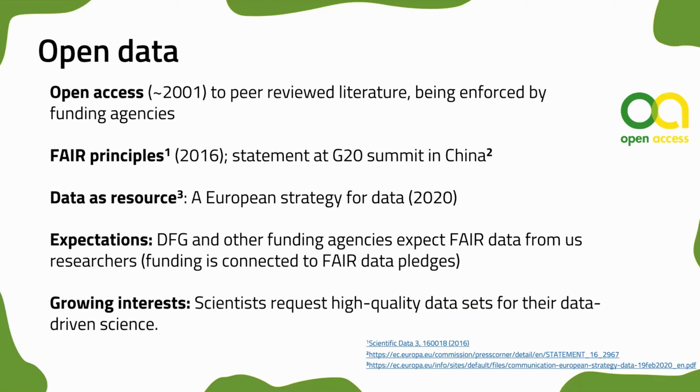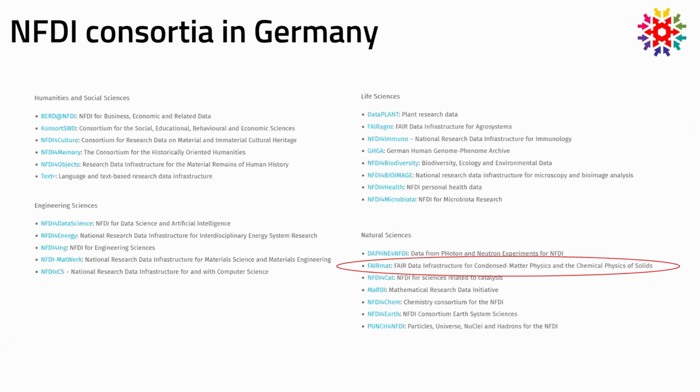But moreover, beyond this political will, there's a growing interest, and this changed a lot in the last, say, 2-3 years, that we now have a demand for good data. Scientists request high-quality data sets in order to establish data-driven science, in material science, in medicine, and in many other disciplines as well. This is why in Germany the NFDI consortia were formed.